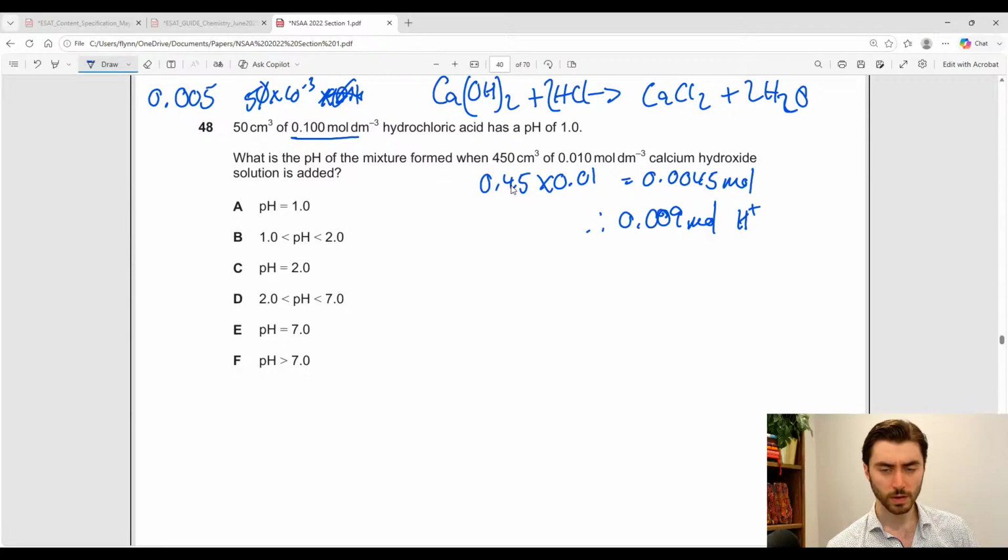Oh, it can be right. It can be right. So all of the hydrogen reacts, all of the H plus is gone. So it's a pH bigger than 7. Okay, so it's F, because now there's excess hydroxide.